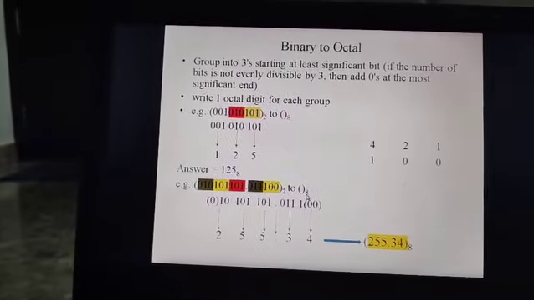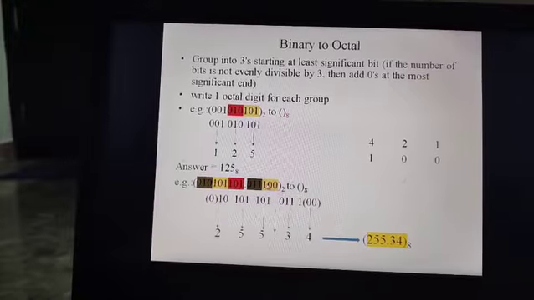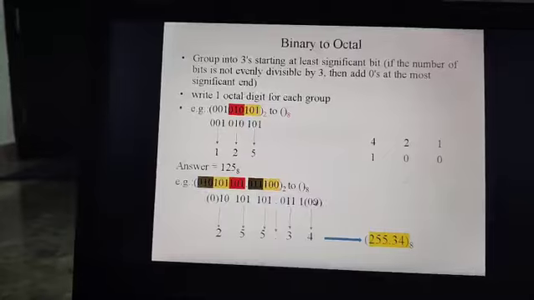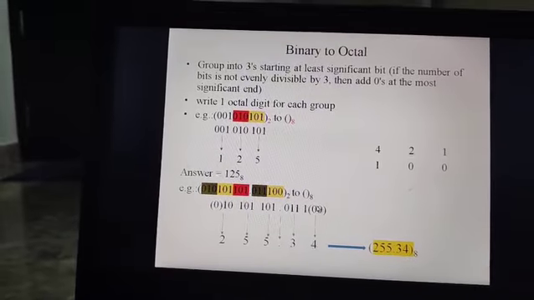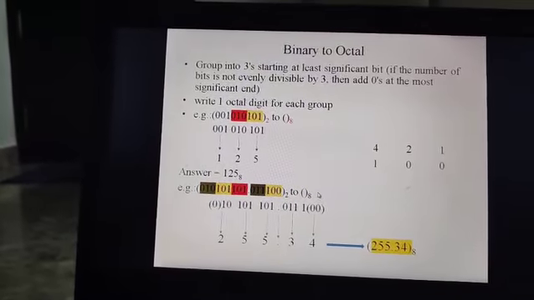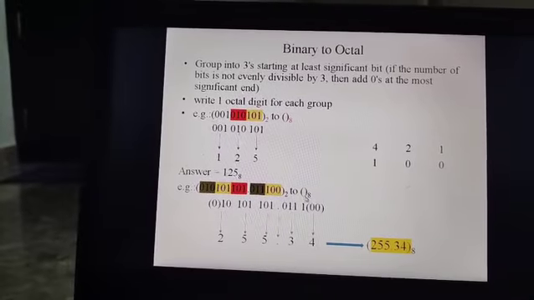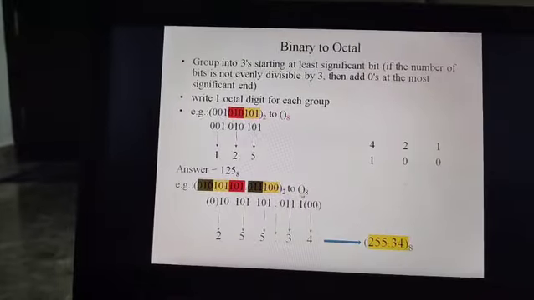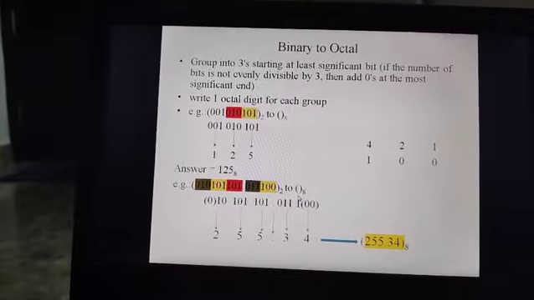For example, if we have only 1 and we don't have the other digits, those zeros also have to be taken under consideration, and it has to be numbered only in the form of 1, 2 and 4. We can't directly give this value as 1 here, because then our answer will be wrong.